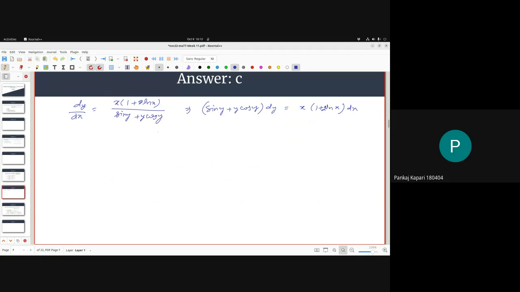Now we have to integrate both sides and put a constant. After integrating these two functions, we will get the solution of our differential equation. So note that the left hand side of this equation, we can write as d of y sin y, right?